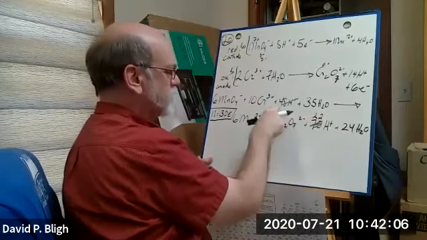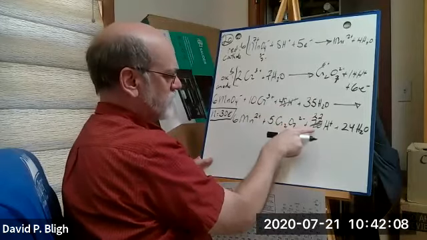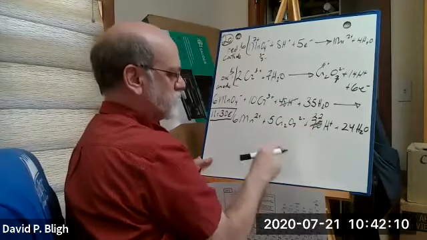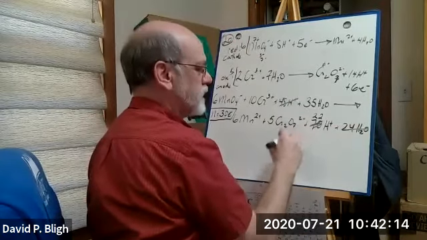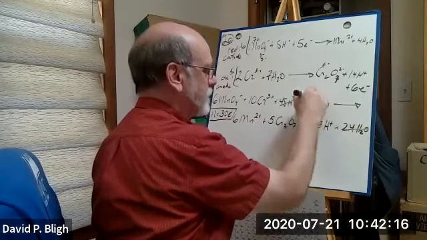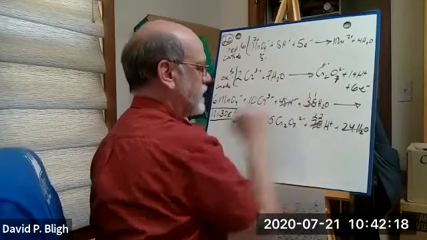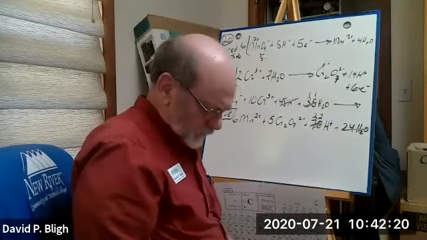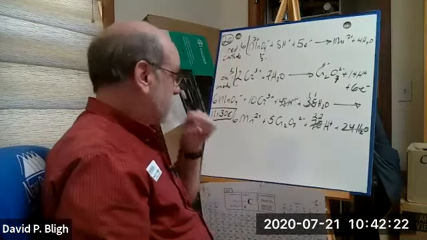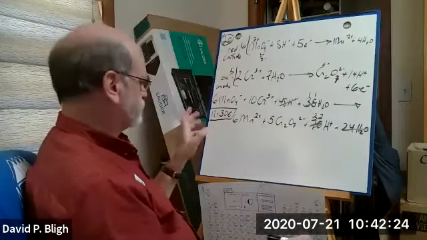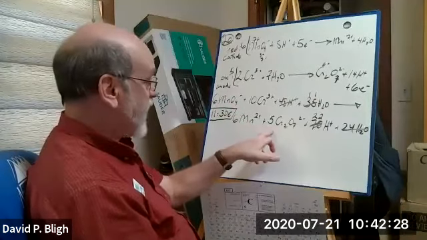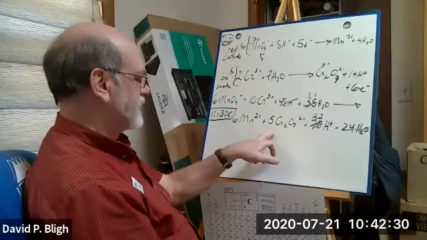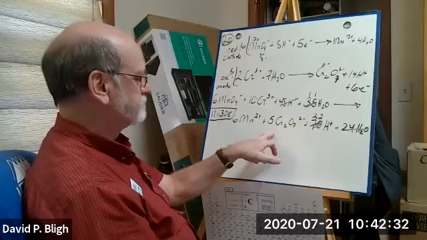Right? 22 plus 48 should be 70. That's right. Waters: those waters are gone, so 24 minus 35 leaves 11 on the left. Anything else? Well, let's see. 6, 10, 5. Can't reduce it any further.